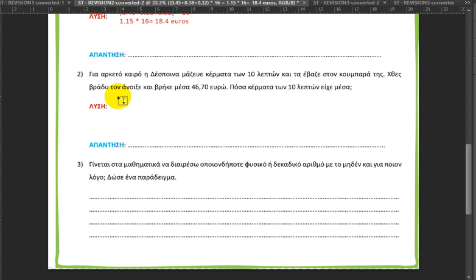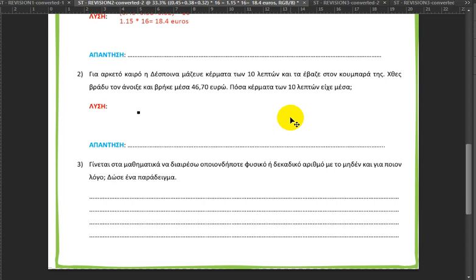Okay, so next up, we have Despina, who is collecting 10 cents for a very long time and putting it in the piggy bank. And she broke open the piggy bank and she had 46.7 euros. And it's asking how many 10-cent coins is that?